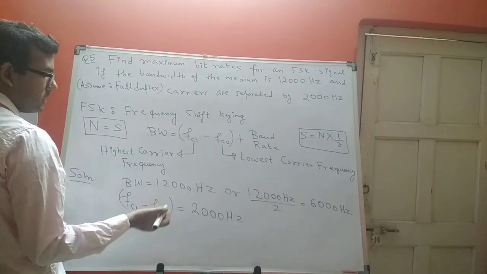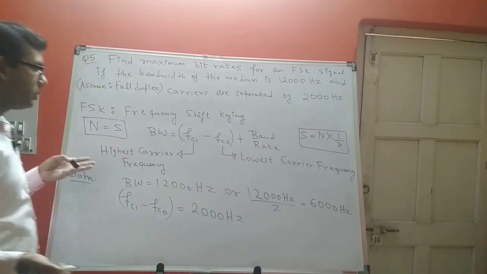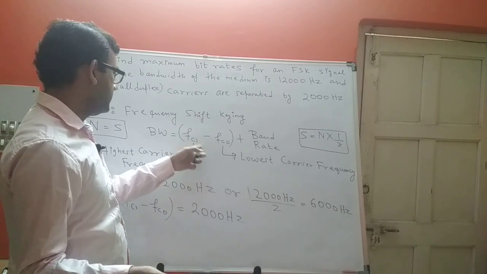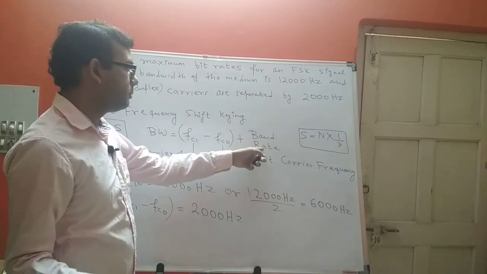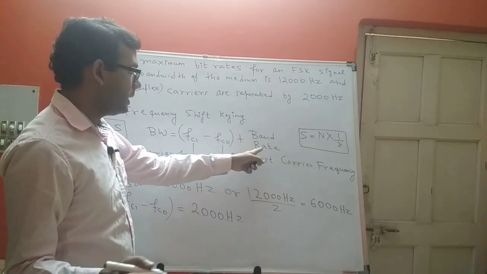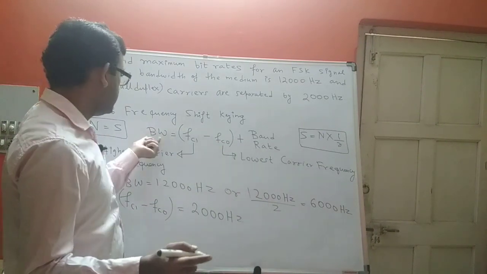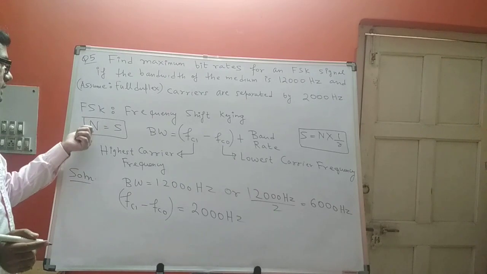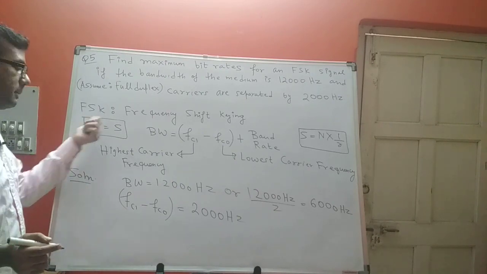Now, as you can see from the board, there is as such no relation between the carrier frequency, the bandwidth and the baud rate. But if I am able to find the baud rate from these two terms, then I'll be able to find the bit rate. Why? Because for an FSK signal, the bit rate is same as the baud rate.